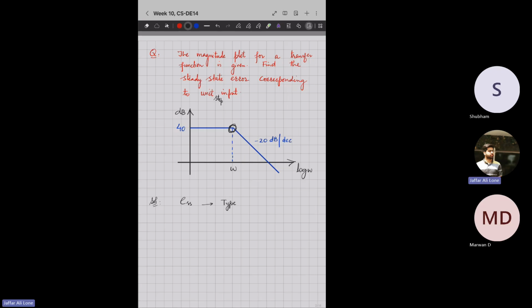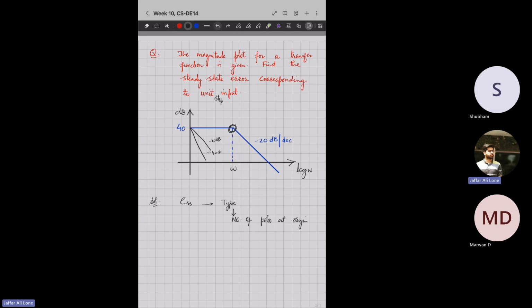I told you the type of the system is given by the number of poles at origin. I'll write it again: the type of the system is given by the number of poles at origin. You already know that if you have a pole at origin, then your initial slope will be minus 20 dB per decade. Or if you have two poles at the origin, then your initial slope will be minus 40 dB per decade.